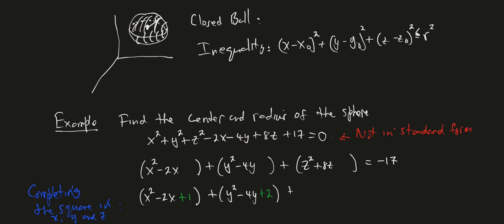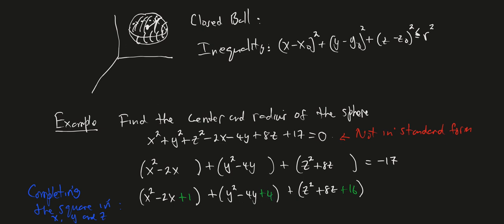I'm going to take half of the z coefficient, so half of 8 is 4, and square it, that's going to be 16. So we're going to do our plus 16 there. And now we're guaranteed that all three of these, oh, I didn't square this one. Now I can say all three of these are perfect squares.